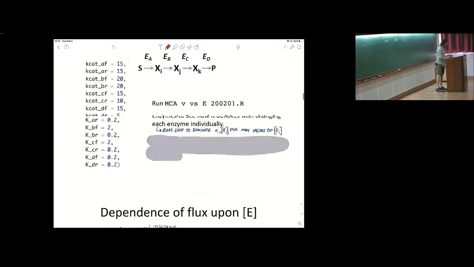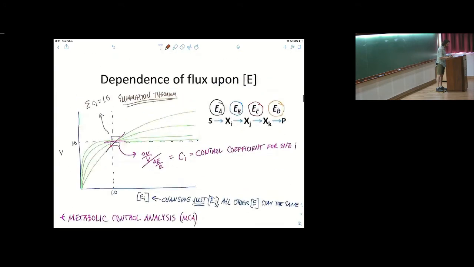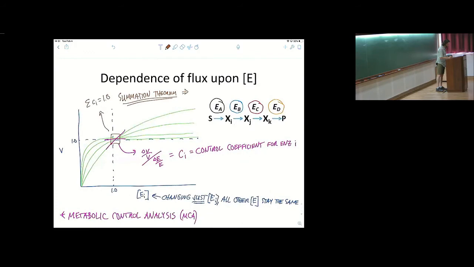And there's a neat kind of thing that comes from this. What would be the average control coefficient in a cell? So here, what's the average control coefficient for our system?